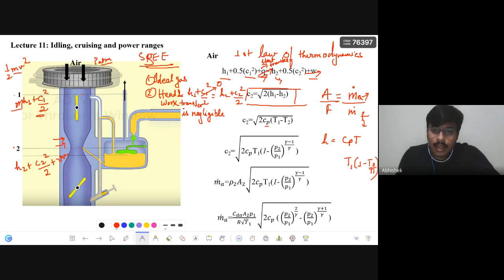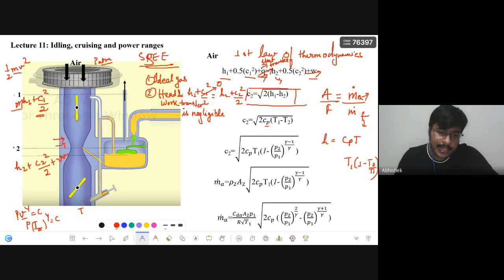Now we have taken heat transfer as negligible, so let us say this is adiabatic. So we'll use the adiabatic equation of ideal gas, PV to the power gamma is equal to constant. What is the relation between T and P? In place of V, write T by P, to the power gamma is equal to constant. Last class I already said this one.